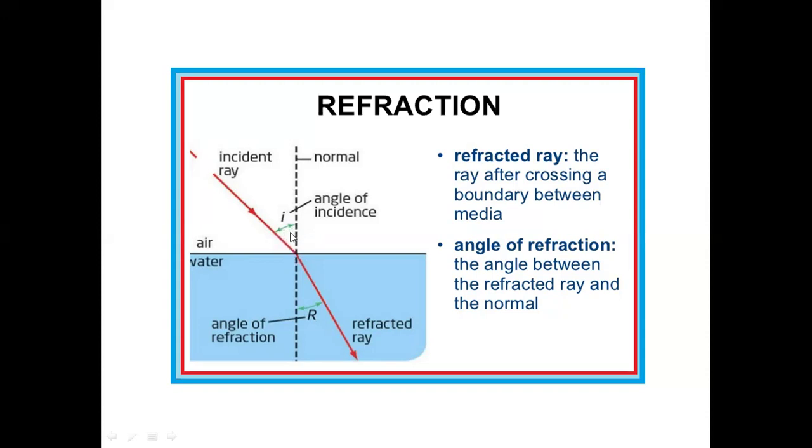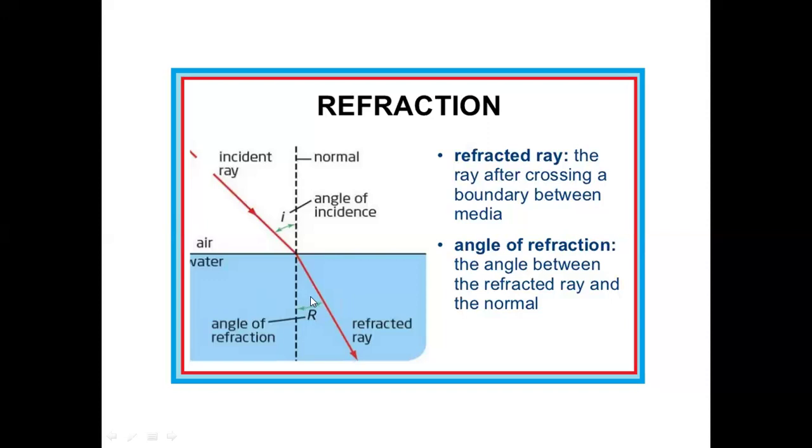The angle between the normal and the incident ray is the angle of incidence. The ray refracts, bending towards the normal if the next medium is denser, and the angle of refraction, the angle between the refracted ray and the normal, will be smaller. Like the angle of refraction in water will be smaller than the angle of incidence in air.